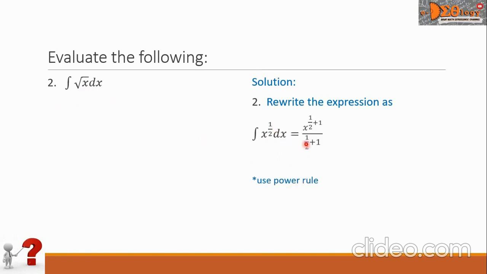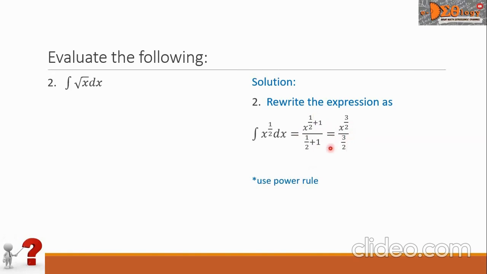So we have x raised to 1/2 plus 1, all over the denominator 1/2 plus 1. The 1/2 plus 1 is equal to 3 over 2. So we have now x raised to the power 3 over 2 all over 3 over 2.